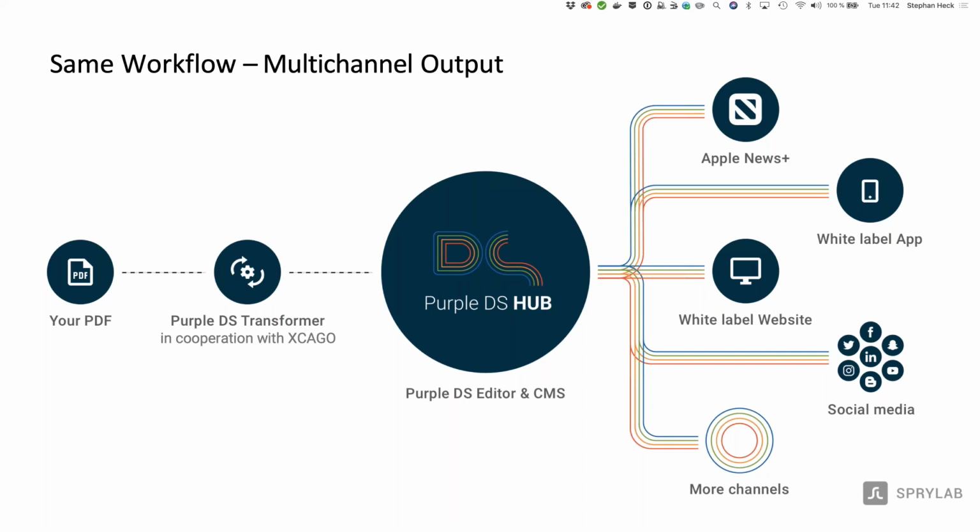If this will be changed, it's a question of Apple, of course, but currently it is a selection made by Apple by inviting. That doesn't mean, as said also at the start of the presentation, that you cannot publish to Apple News. The same workflow we showed today and the same publishing channels can also be connected to Apple News. So it's not only Apple News Plus we feed, it can also be Apple News, as shown today. Yeah, perfect.